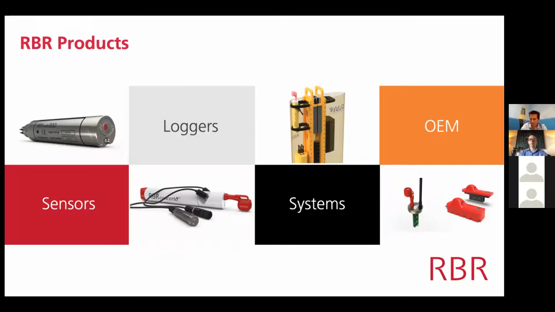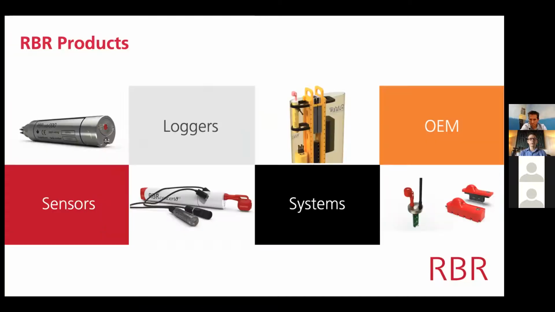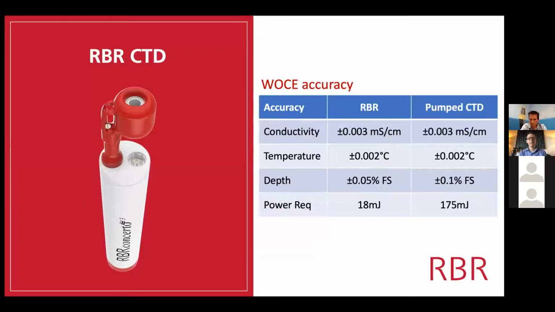We also have our sensors integrated into systems such as the Wirewalker from Del Mar Oceanographic and the SOFAR smart buoy systems. And then we have a line of OEM sensors, which is what I'm going to be talking about today. The main sensor I wanted to talk about is the RBR CTD.